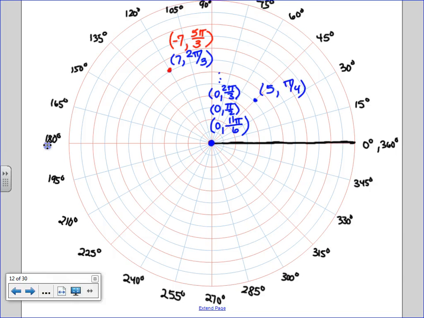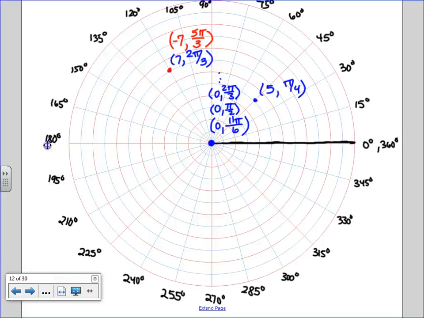We could keep on going, but here's the idea. First of all, when you graph, do you graph the r first? I don't know. I guess you could graph the r and then go around the circle. I always like to graph the angle first, like graph 45, graph pi over 4, go out, or graph 2 pi over 3, go out. If it's graph 300 and go backwards, right?